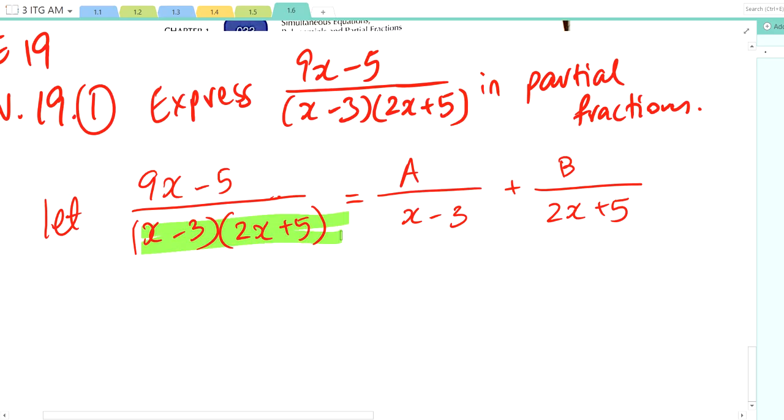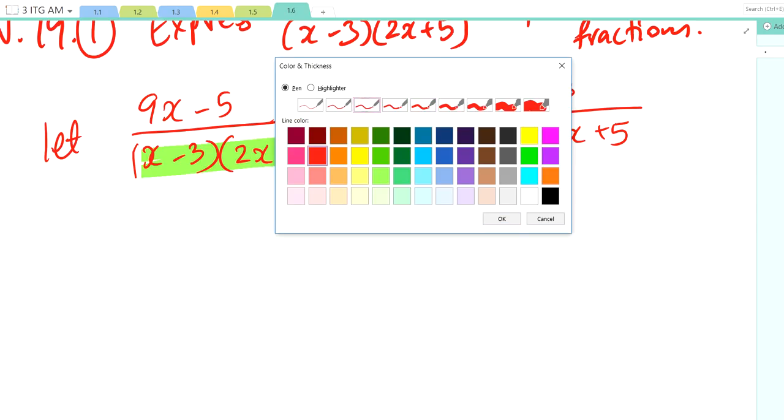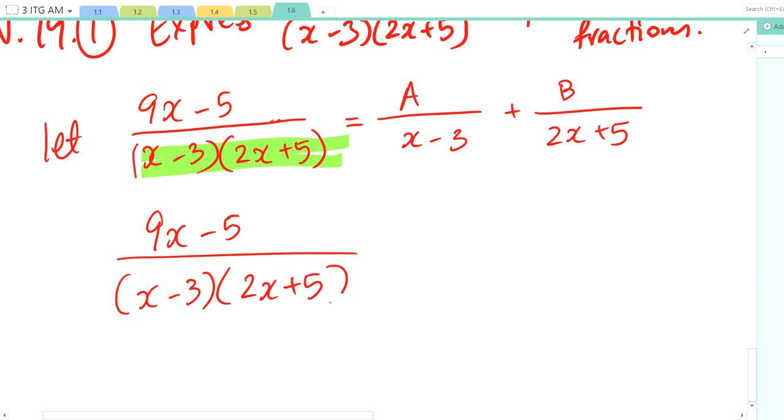What happens if I multiply throughout by this denominator? Let's take a look. I do it step by step without skipping steps. On the left hand side, I've got originally 9x minus 5 divided by x minus 3, 2x plus 5.